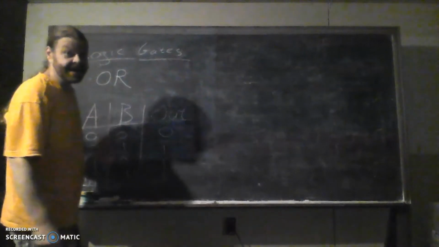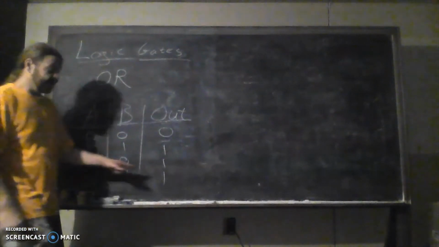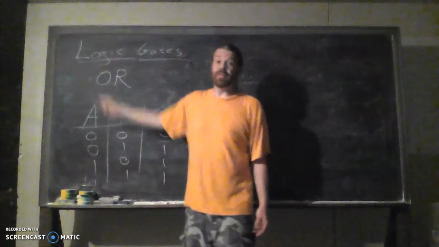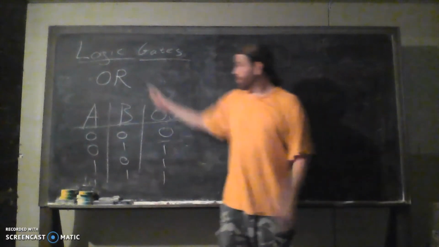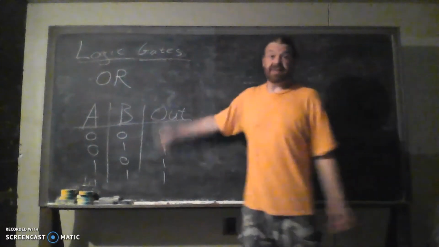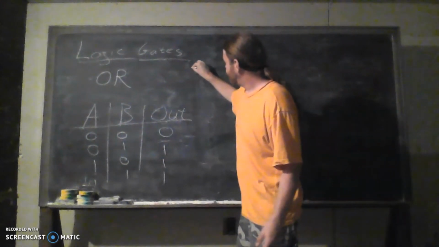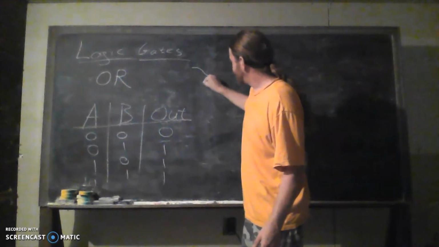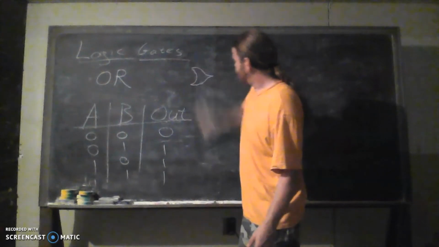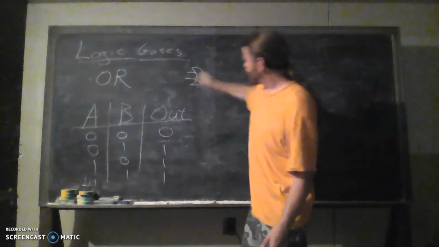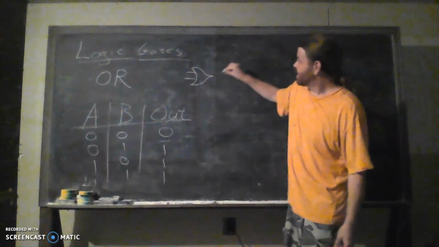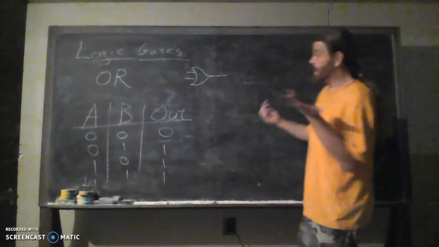So with an AND gate, it's only on when both inputs are on. But an OR gate is on when any of our inputs are on. And the schematic for that, I can't draw this one quite as well. Looks something like this. We have a couple lines coming in, and then 1 line going out.